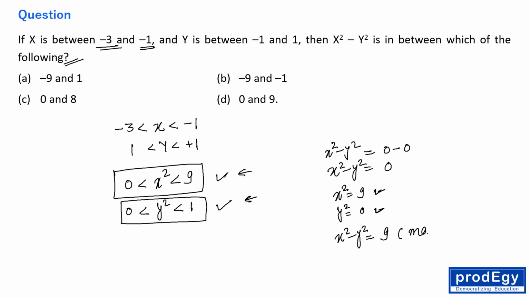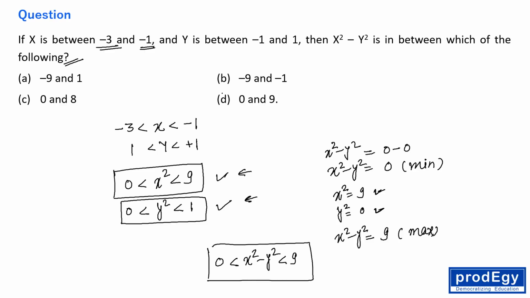So x square minus y square will be lying between 0 to 9, right everyone? The minimum and maximum values are 0 and 9. Okay, this is what this question is.